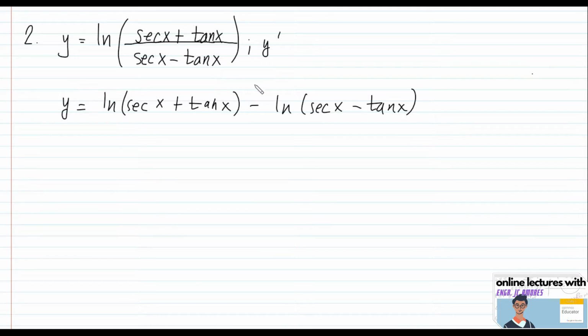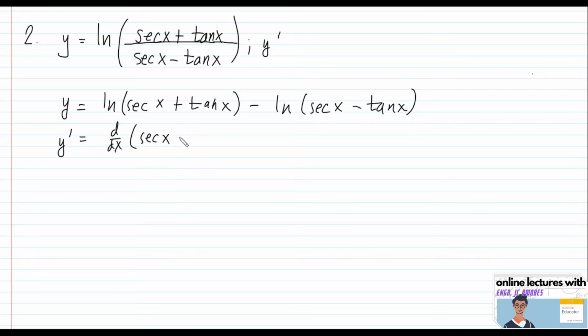If you do not want to follow this, then you could just go ahead with the derivative of the logarithm, du over u. Now I have it separated, so I could get the derivative of each logarithm separately. For ln of secant x plus tangent x, the derivative is the derivative of u over u.